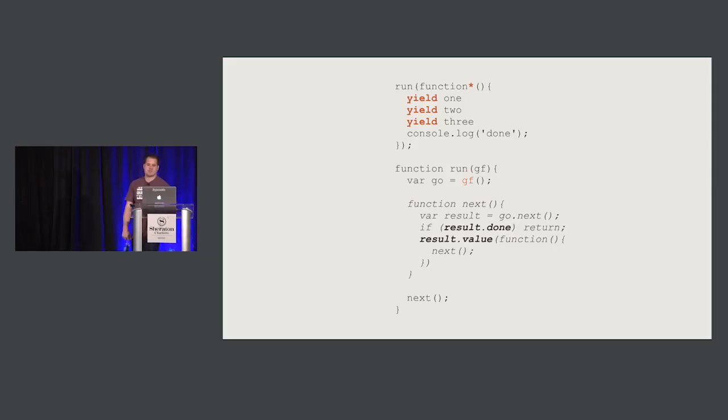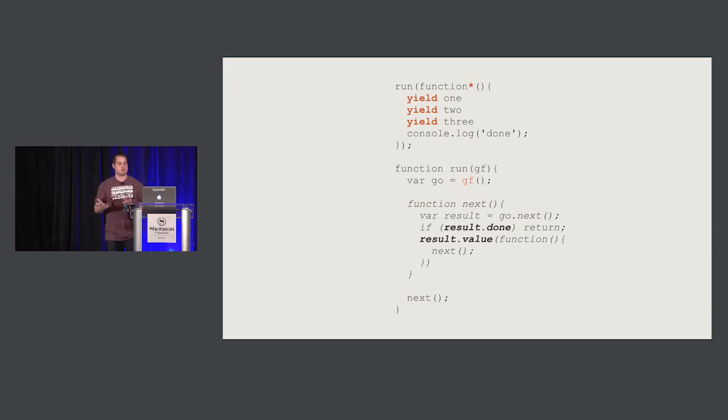So we can just change our run function to utilize what we just learned about generators and apply a very similar concept, but instead of popping off functions from the stack, just call generator.next.